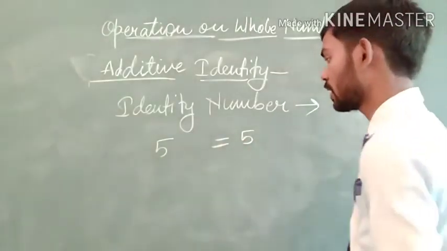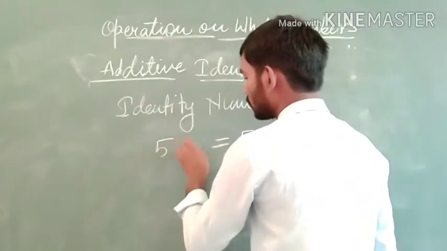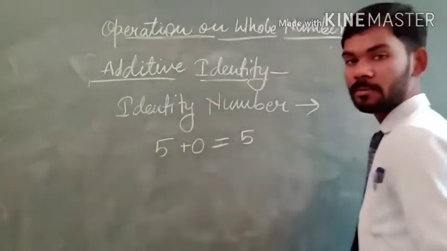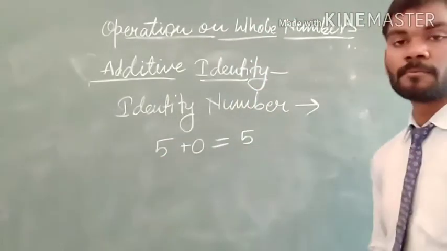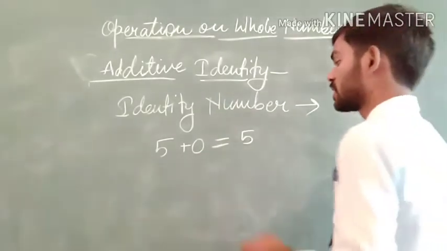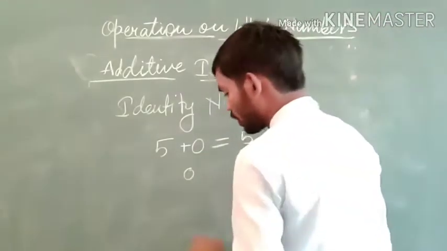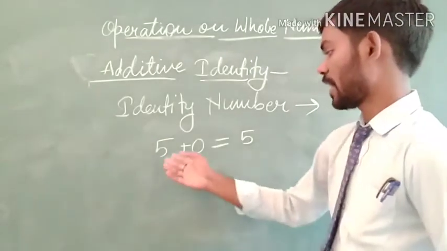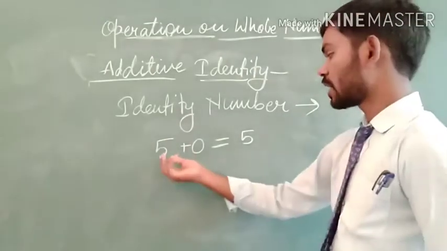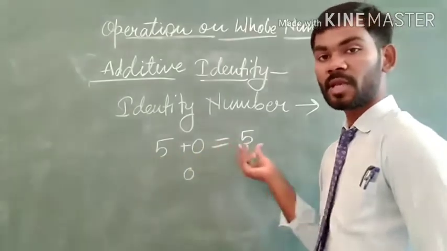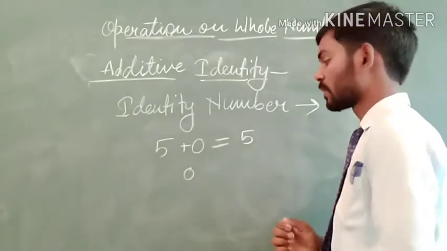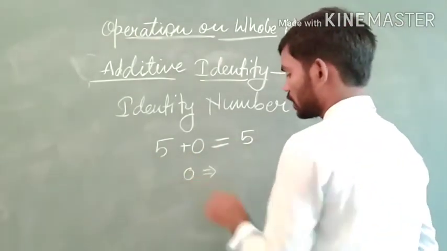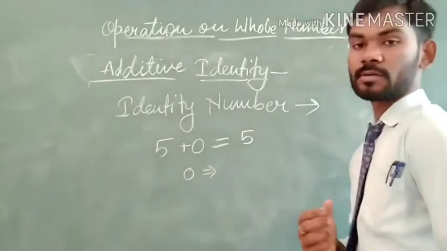Then we know that if we add 0 to 5 then we get 5. Therefore 0 is an identity number which when added to 5, the number remains unchanged. Therefore 0 is called an identity number.